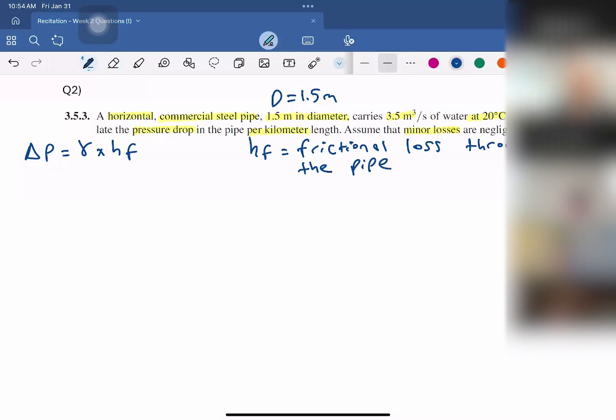And since we ignore minor losses, we will be only calculating that frictional loss. So let me first start with the equation of frictional loss. Here we have F, which is friction factor. We have length, velocity, and we have acceleration and diameter.